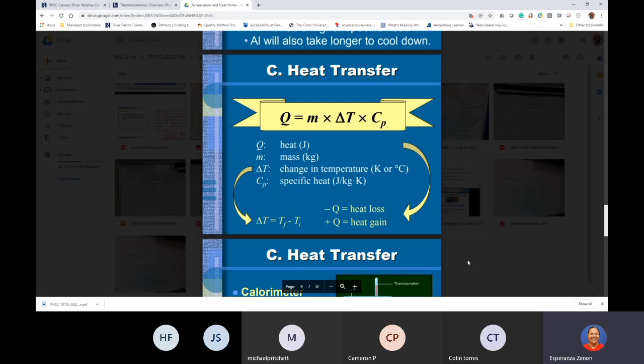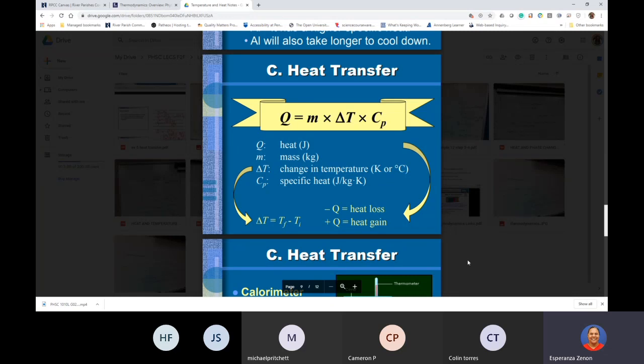The other important idea when we're dealing with heat transfer is that if we're putting heat into a system so that heat is being gained, Q is positive. If we are removing heat from a system, then Q is negative.